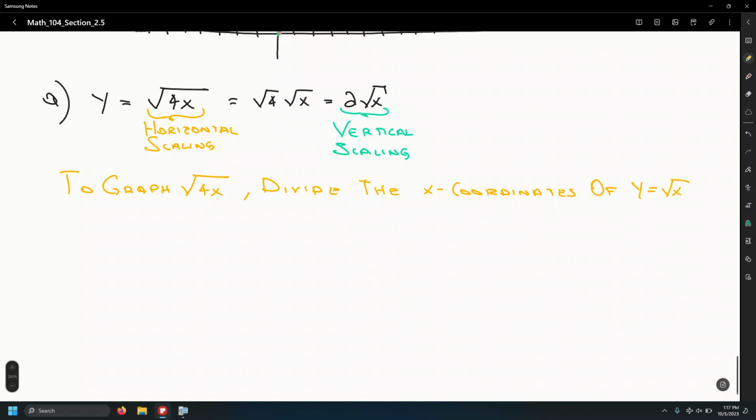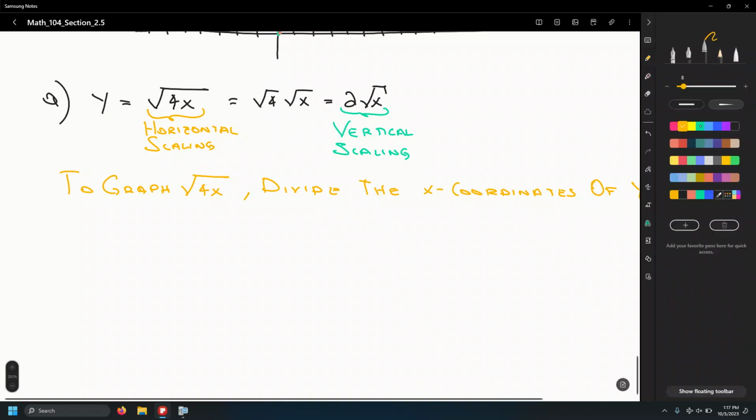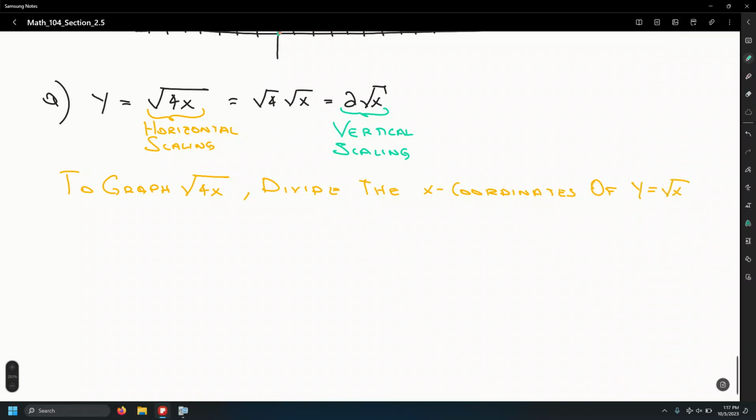All right, or else, if you want to visualize this as a vertical scaling, then to graph 2 square root of x, multiply the y coordinates by 2.